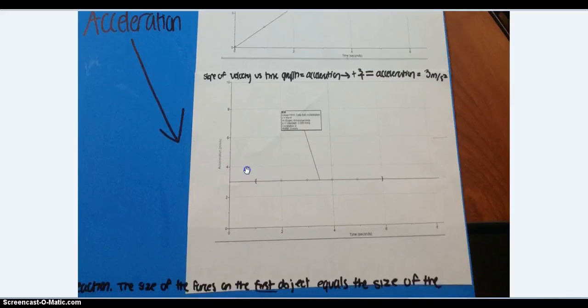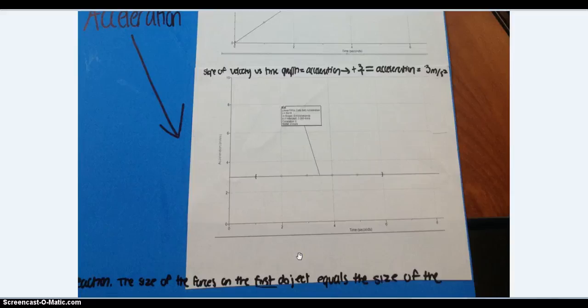And that's the acceleration. Now for the bottom, I had to mention some aspects of force and Newton's second law. Newton's second law is net force equals mass times acceleration. Newton's third law is for every action there's an equal and opposite reaction, and the size of the force on the first object equals the size of the force on the second object.